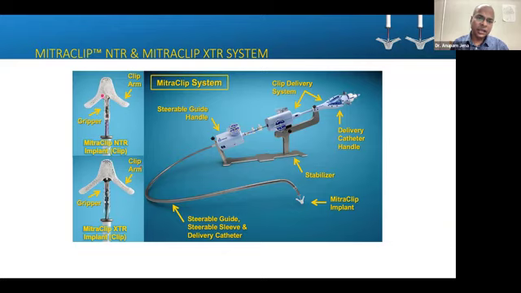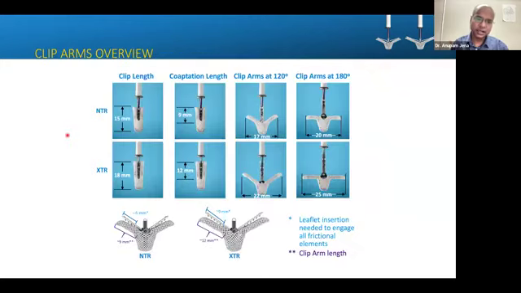Then the NTR and the XTR, what are the differences? Basically the difference is in the size of the clip, that is the 6 millimeter and the 9 millimeter. Then there are NTW and XTW, where the width of the clip is 4 millimeter and 6 millimeter. So these are the four different iterations of the clip. And the MitraClip system especially has an independent grasp, so we can grasp independently.